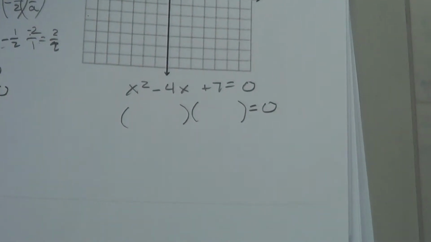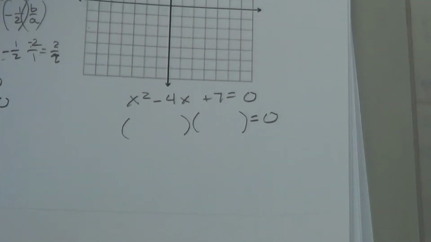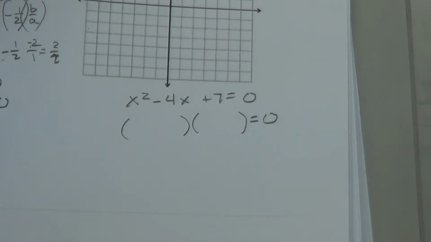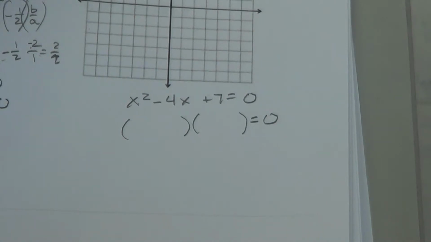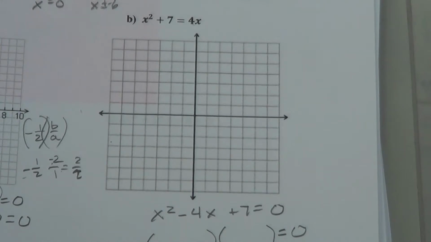Well, we look at that, and can't think of any. 7 and 1 are the only factors I can think of, and they don't add to be negative 4. So let's go ahead and graph it and see if we can find the solution that way.